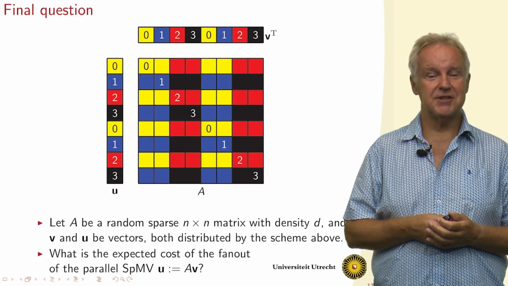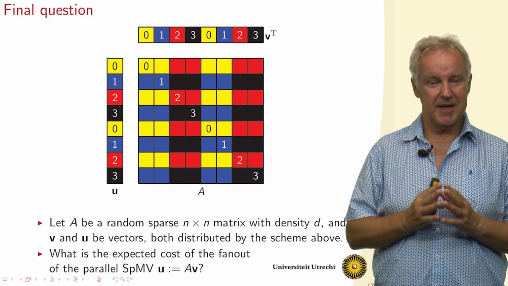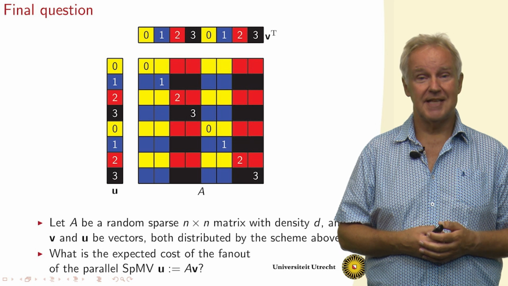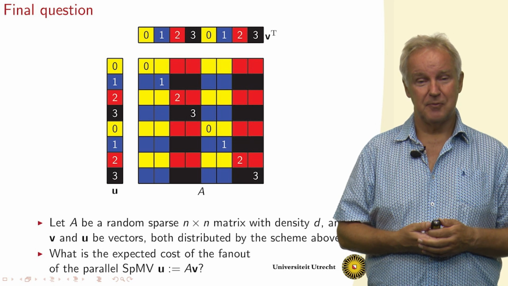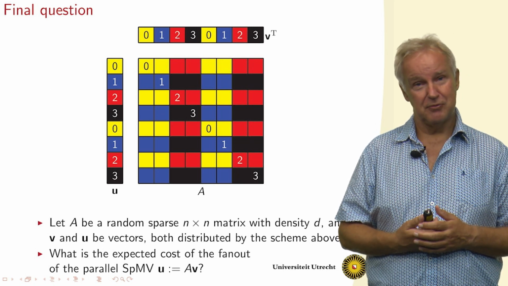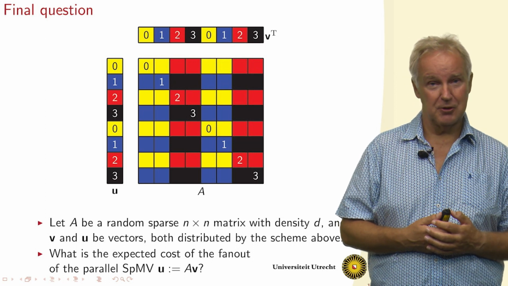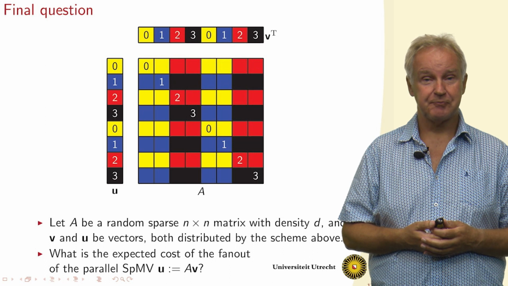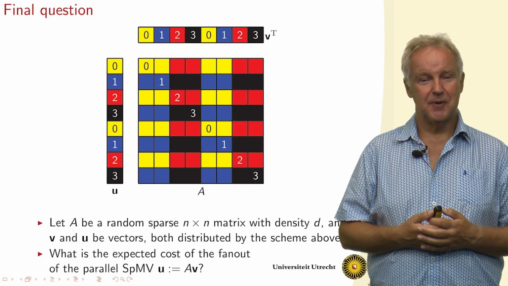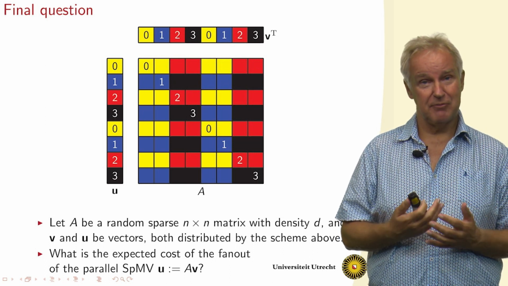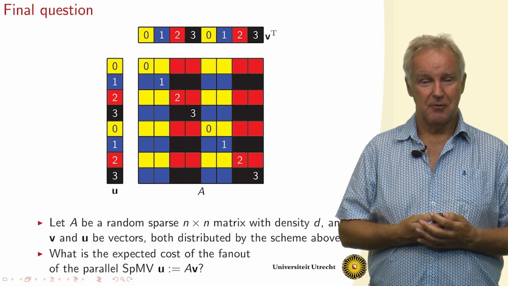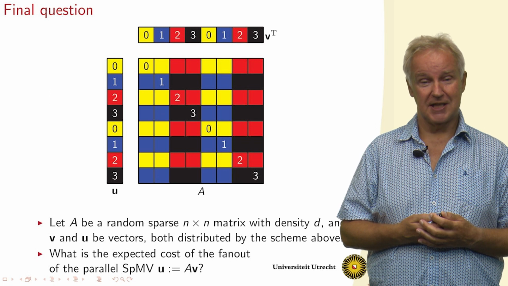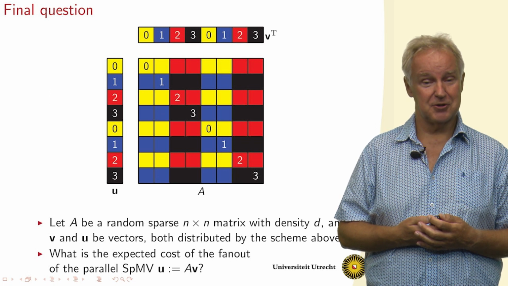So the final question. Assume that we have a random sparse matrix A, n by n, density d, and we have an input vector v. We want to compute the output vector u = A times v. And we have the distribution that we've seen before for dense matrices, where the matrix diagonal is distributed in a cyclic fashion, and the vectors also.